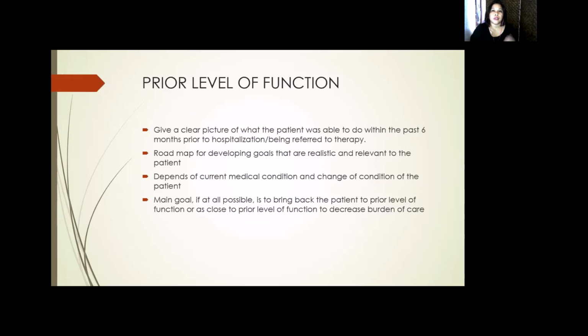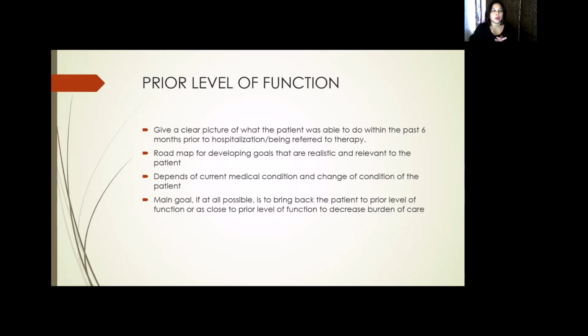The prior level of function and the goal setting is influenced by or depends on the current status of the patient or the change of the condition of the patient. So in goal setting, you have to consider, was the patient ambulatory without an assistive device before, but the patient had a massive stroke? Do you think for a short-term or long-term goal, it will be safe for the patient to walk without any assistive device?